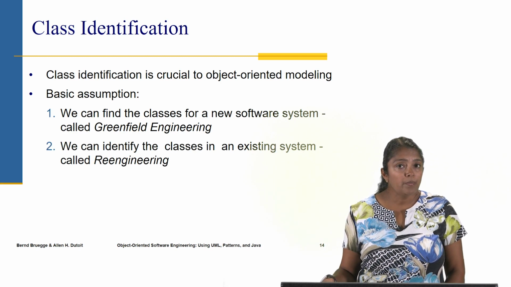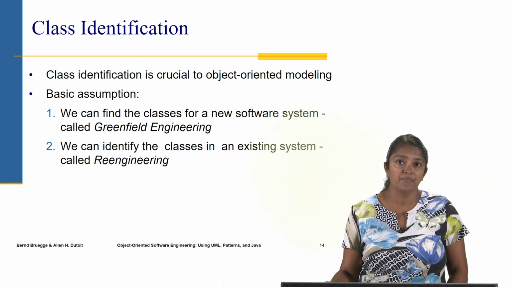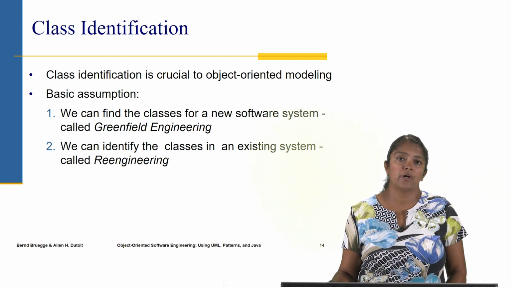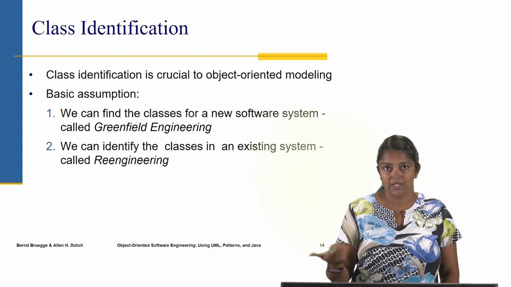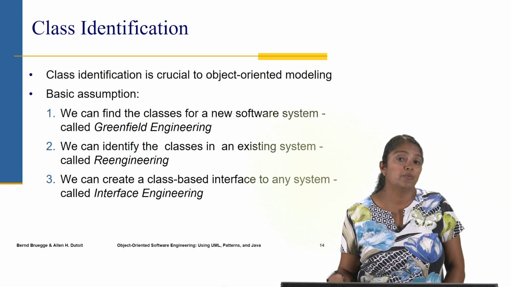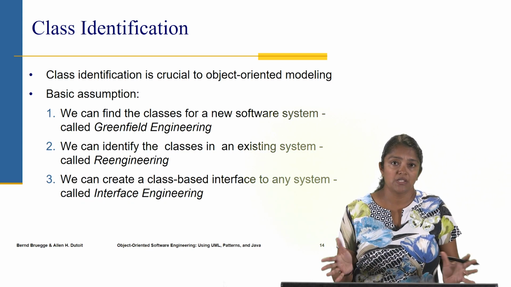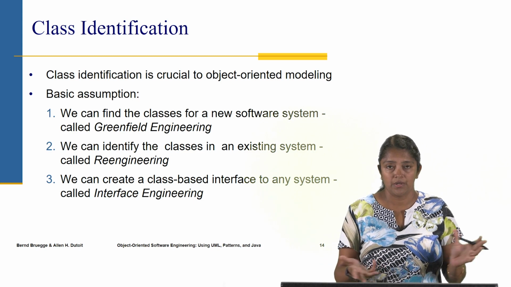Now it could be that it's a re-engineering task wherein we're working with an existing system, and in that case we need to again identify classes from an existing system, and that's re-engineering. Or it could be interface engineering, where there is a class-based interface to any system.